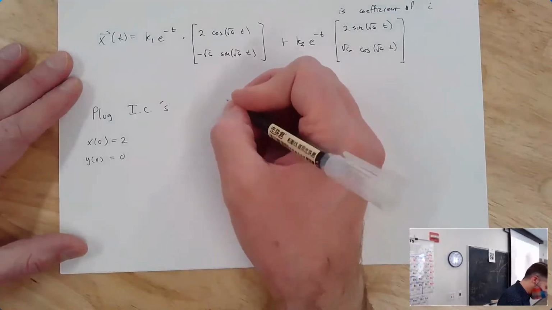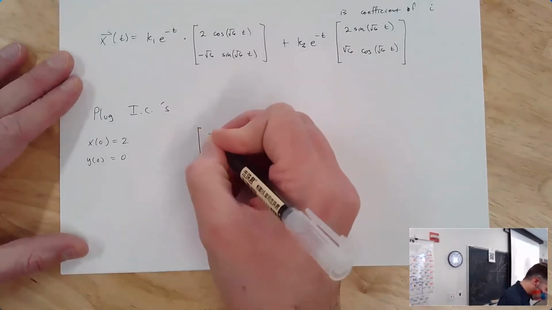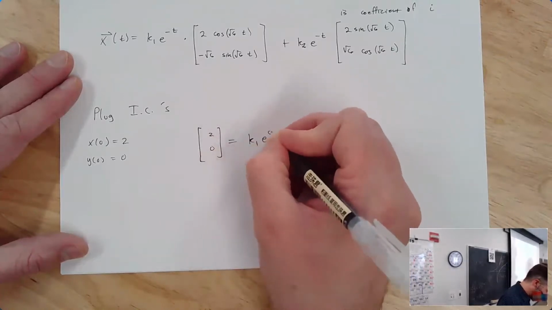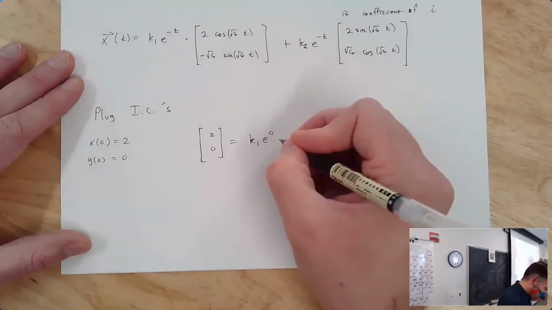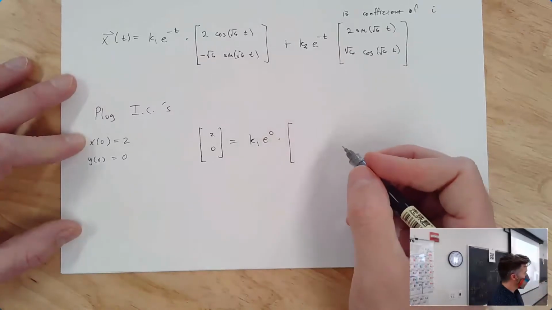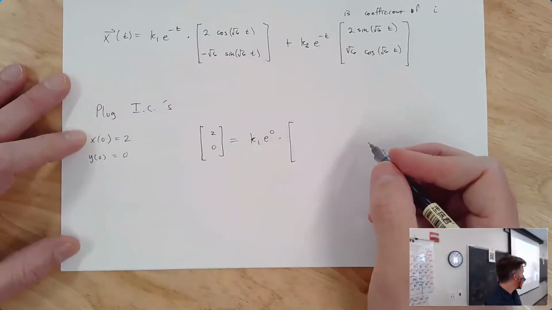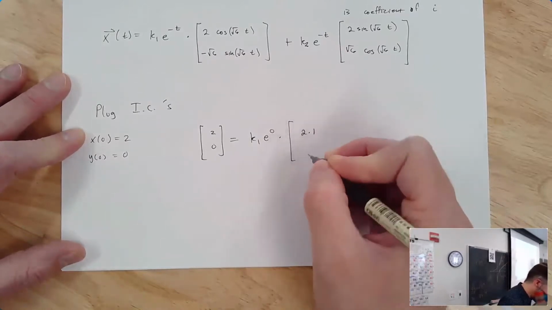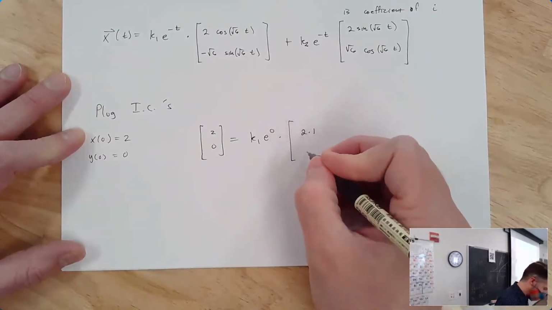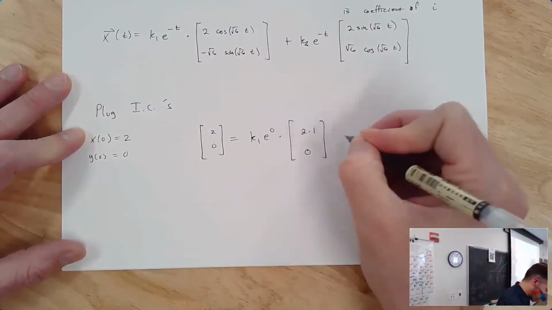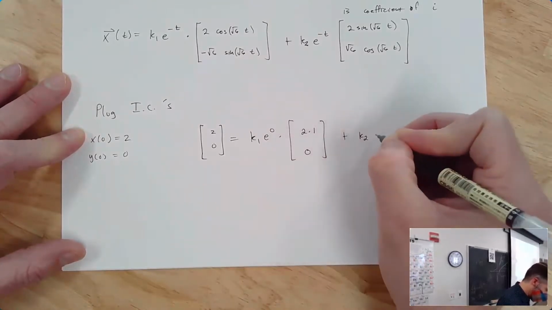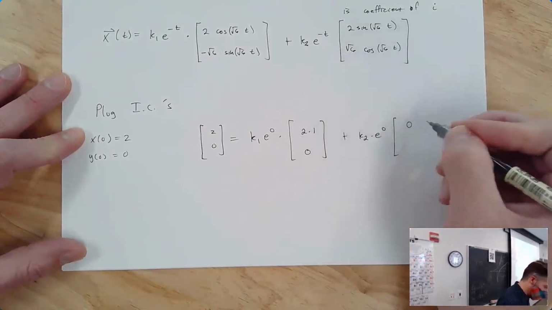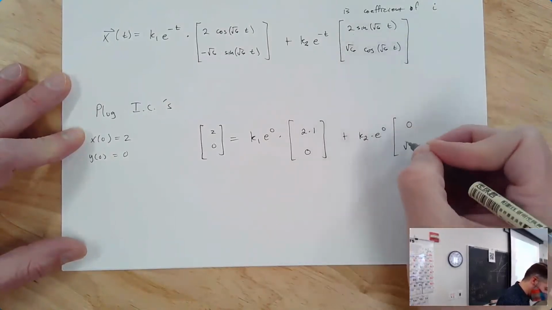So I'm going to have (2, 0) equal to K1 e to the 0 times cosine of 0 is 1, sine of 0 is 0. So I'm going to get 2 times (1 over negative root 6 times 0) plus K2 times e to the 0 times sine of 0 is 0, cosine of 0 is 1.